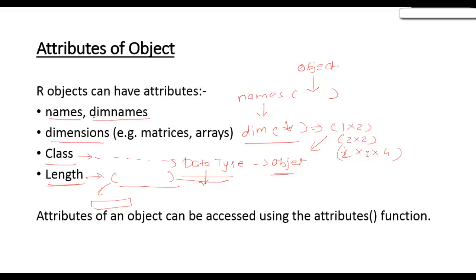Just keep in mind which attributes we can access, and if you forget what attributes an object could have, you can certainly use the attributes function to fetch which attribute information the object has right now.